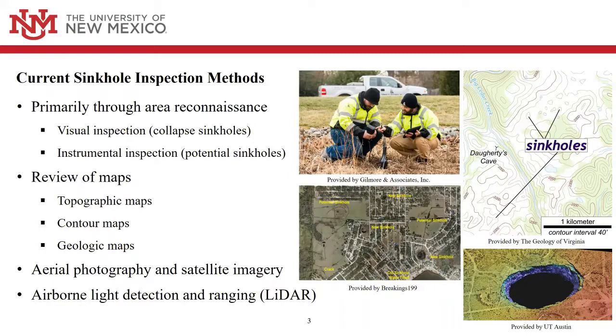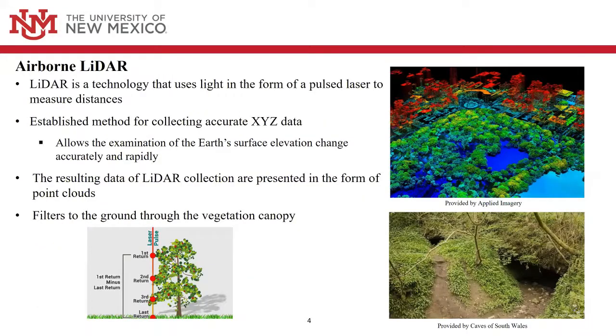And the last option we can use now is airborne LiDAR. LiDAR stands for light detection and ranging. It is a technology that uses light in the form of a pulsed laser to measure distances.